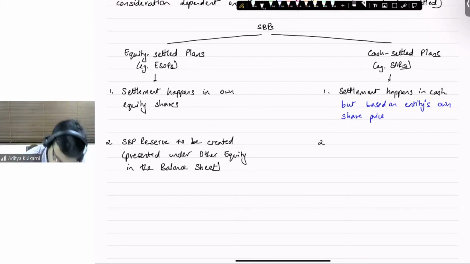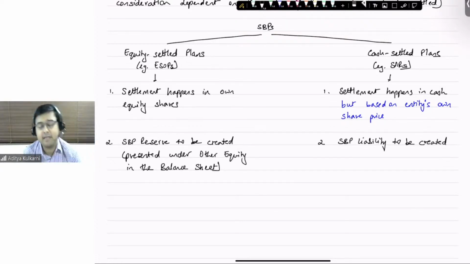Whereas here, what would you be creating? SBP liability. SBP liability to be created. Sir, why is it a liability? Well, it is a liability because it is an obligation to deliver cash.